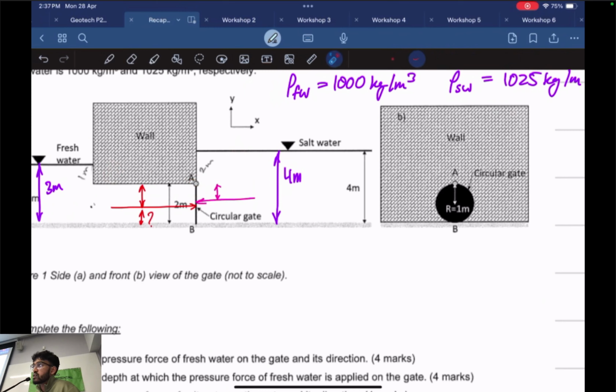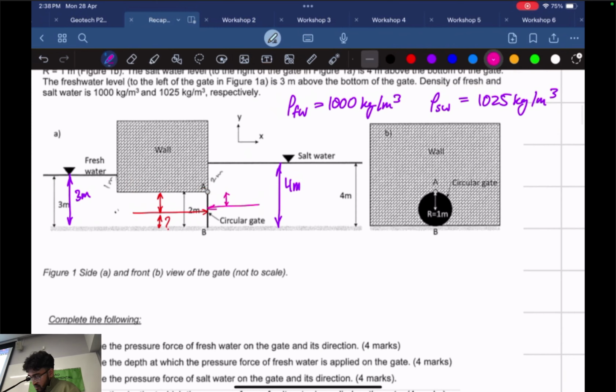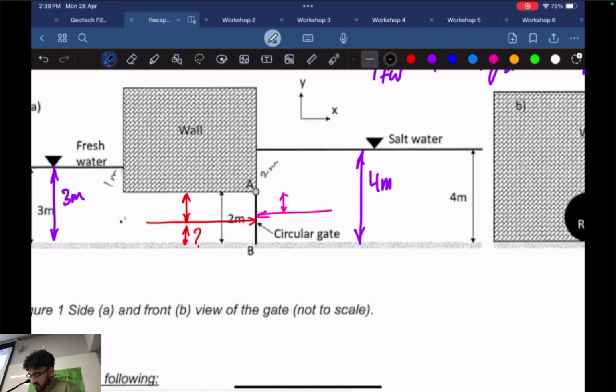Something that we're going to have to figure out. How do we figure it out? Someone help me out. What's this distance? Sorry? Yeah?